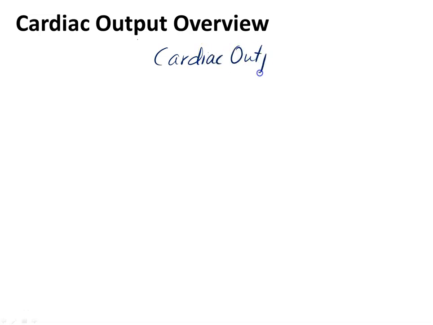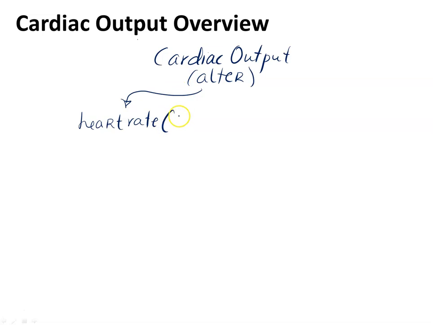So there are two ways to alter how much blood we are pumping throughout the body, okay? We can either increase or decrease heart rate, and heart rate can be abbreviated from here on out as HR, capital.